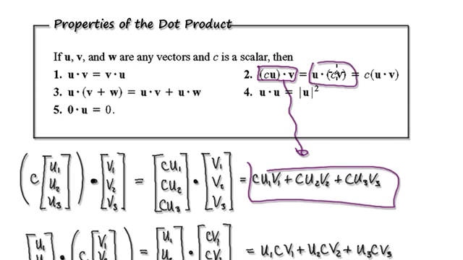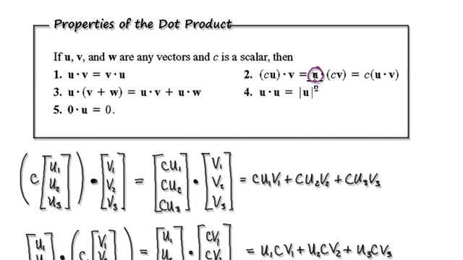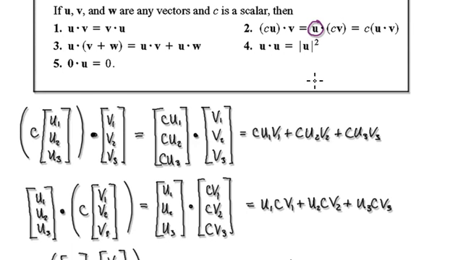Now let's look at this one here. You've got a vector u, and then you dot it with a scalar times a vector. Let's do this: c times v gives c times each component of v.